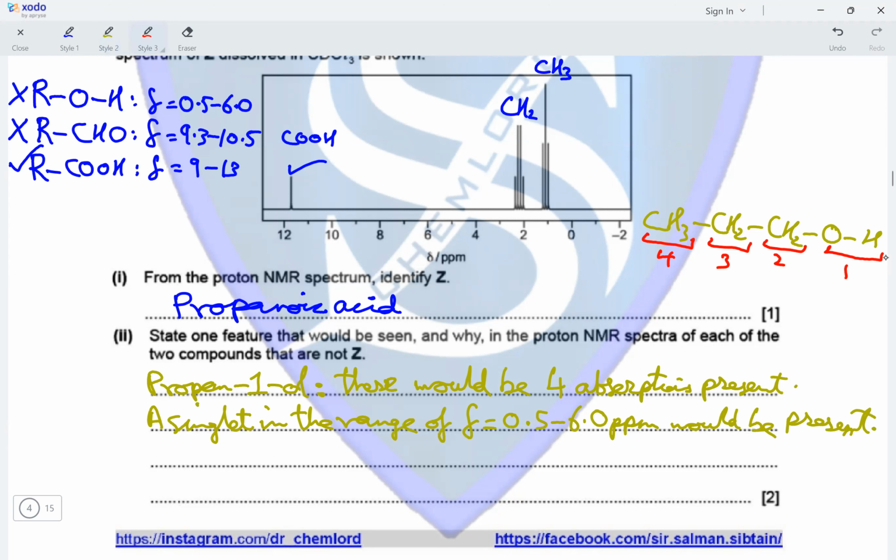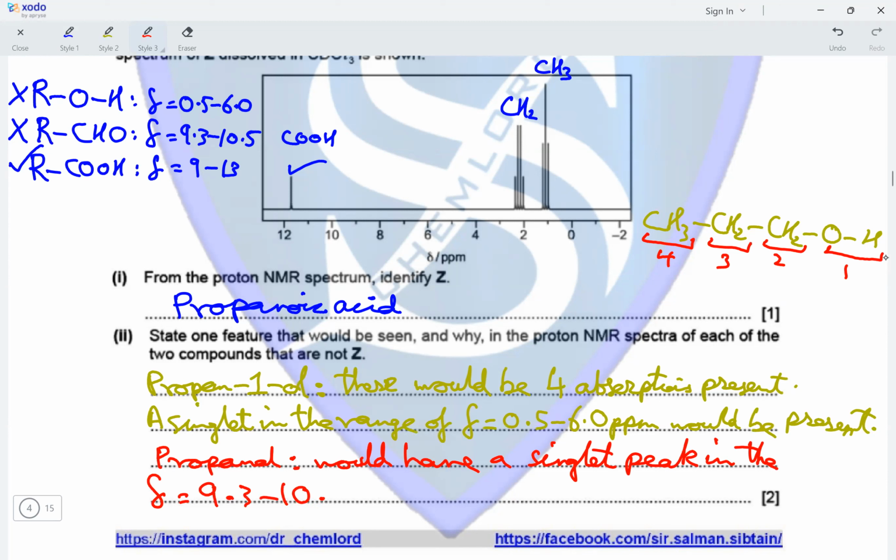So the next one is for propanal. So propanal would have a singlet peak in the chemical shift range of 9.3 to 10.5 for the CHO group, which is also not present in the given NMR spectrum.